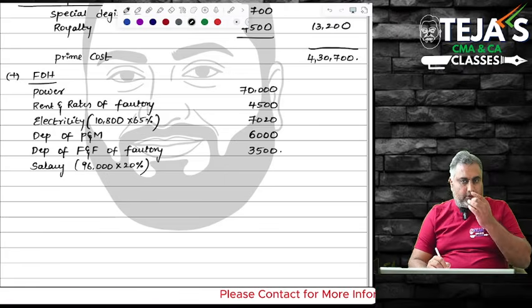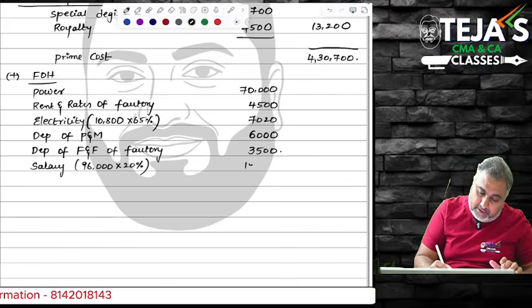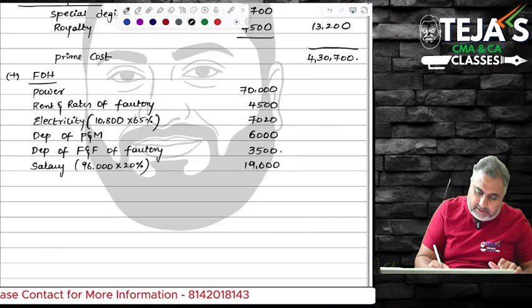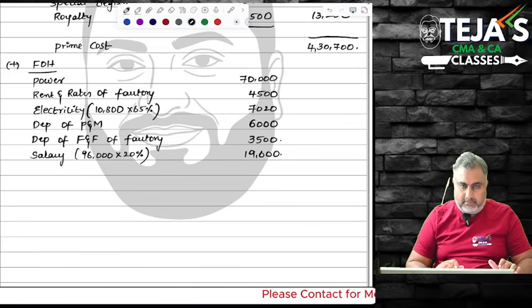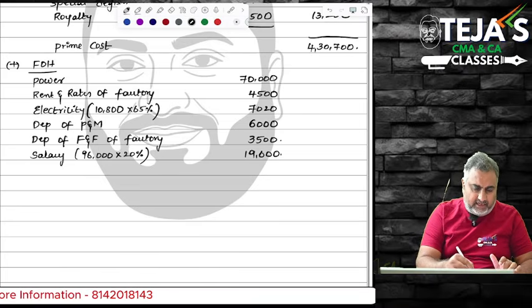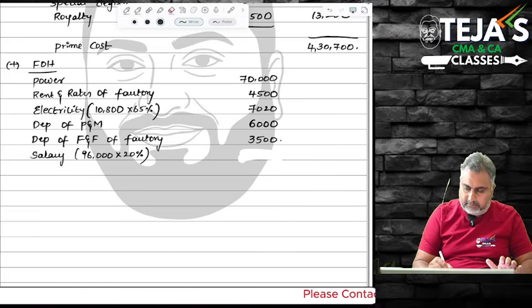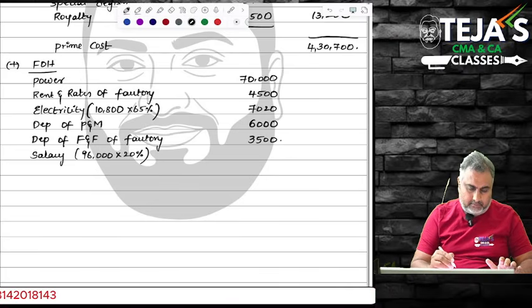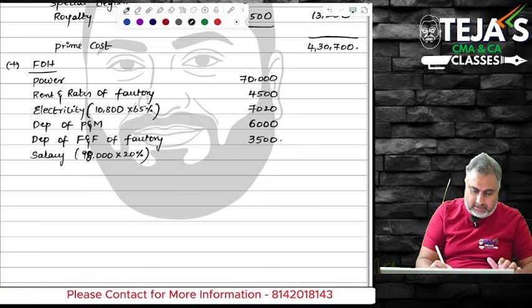So 98,000 into 20% is equal to 19,600 rupees.